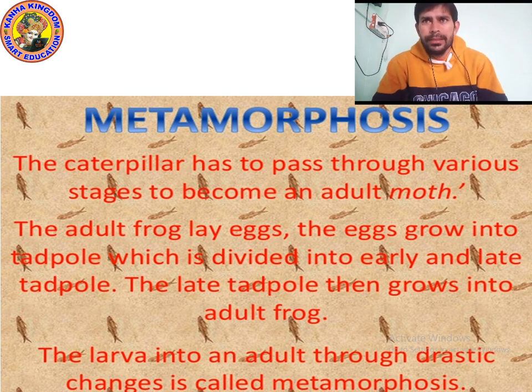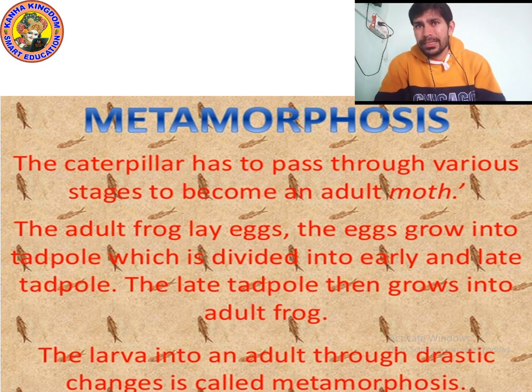Then on the eggs the male frog releases its sperm, so fertilization occurs. After fertilization, a larva comes out of the egg, which you can also call a tadpole, which grows and is divided into early and late tadpole.